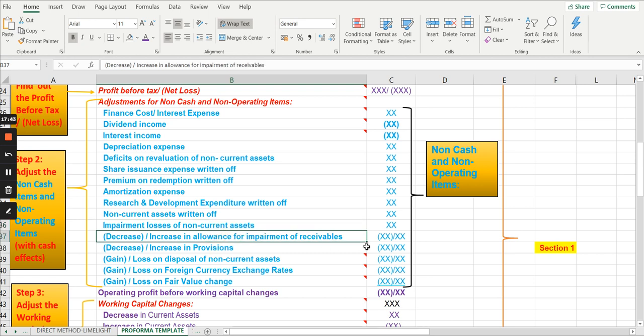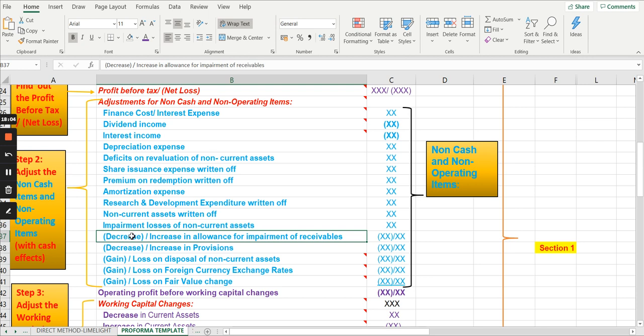Decrease or increase. If it's an increase in allowance, you have to add back. The decrease, as you can see from the signage, the bracket there, shows that you need to reduce.